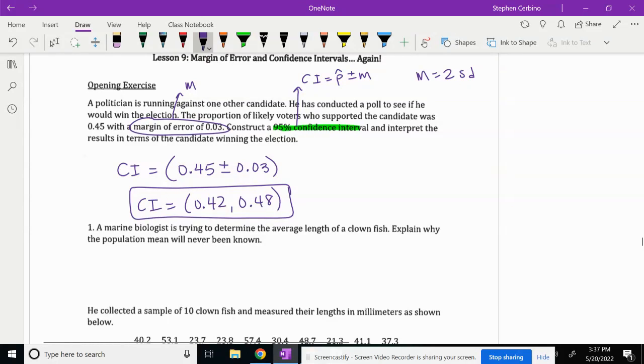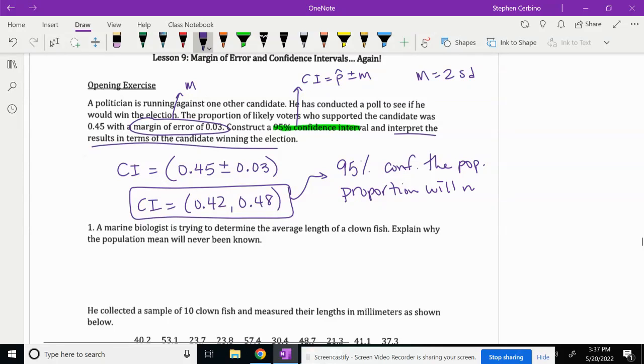Meaning, if we wanted to interpret the results of the candidate winning the election, we can say we are 95% confident the population proportion will not include 50% or more, because 50% is not within our confidence interval. So again, we're 95% sure that the true population proportion is within these two numbers, meaning if 50% is not in our confidence interval, we're not very confident that this politician will win.